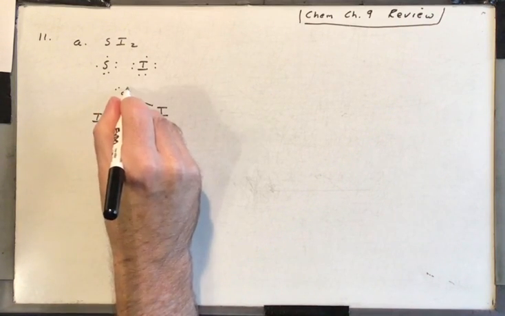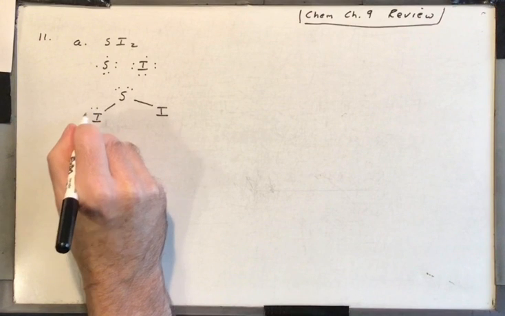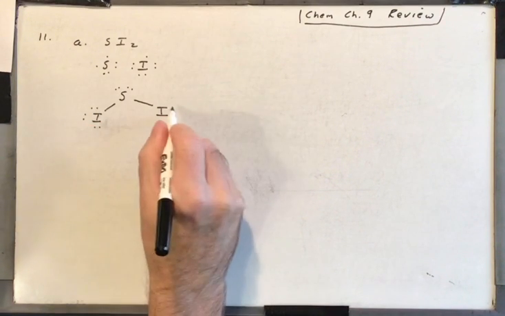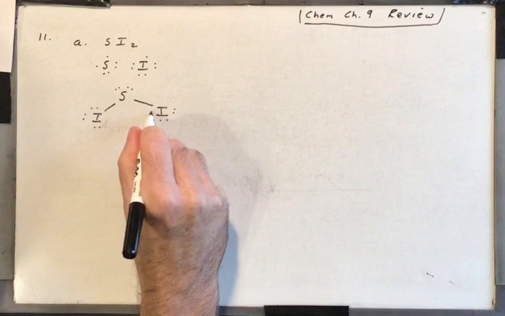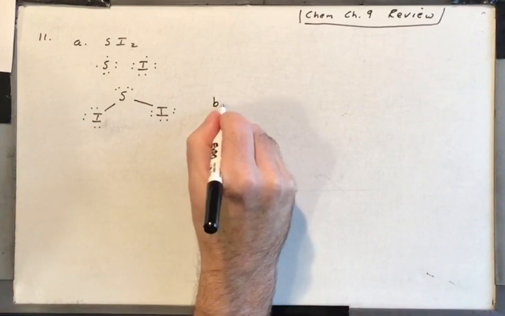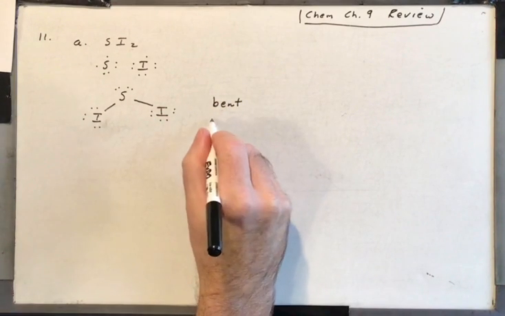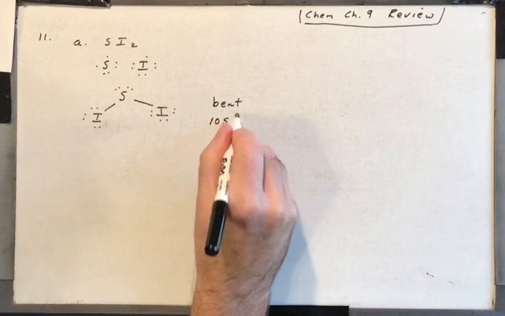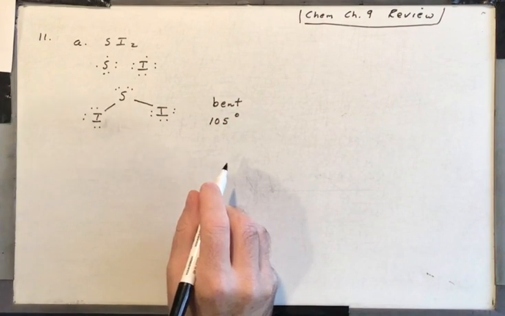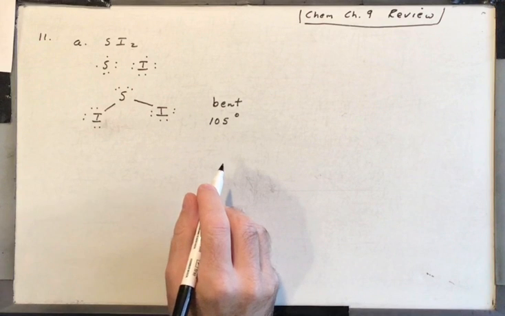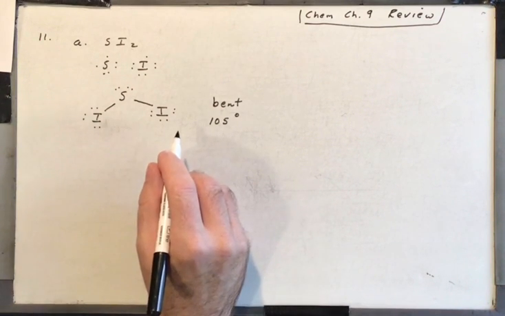Let's go ahead and put those electrons. Name the shape. And the bond angle is 105 degrees. While we're doing this, let's also decide, will this dissolve in water?